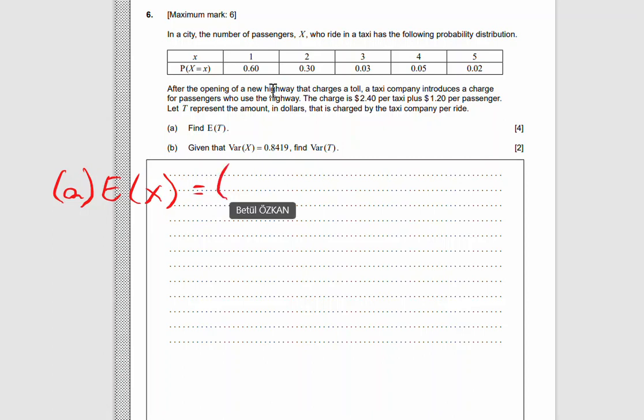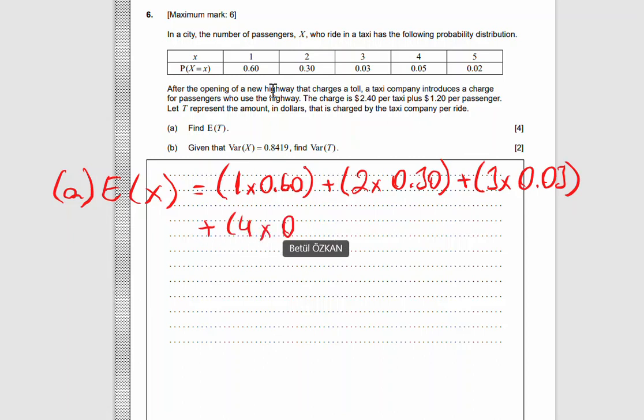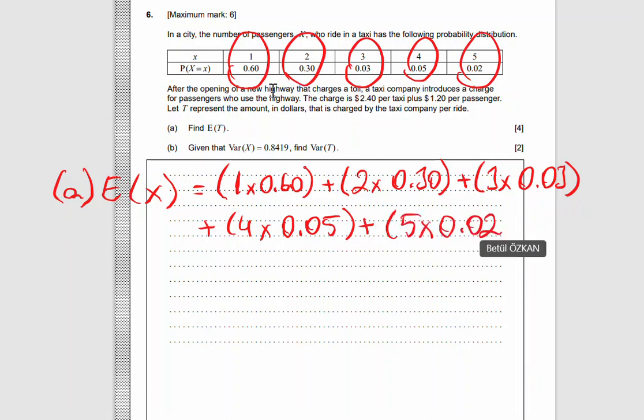So we will write 1 times 0.60 plus 2 times 0.30 plus 3 times 0.03, plus 4 times 0.05, like you see here, and at the end, plus 5 times 0.02.